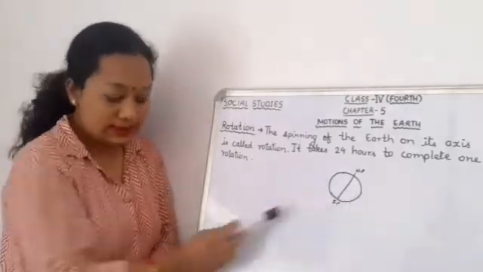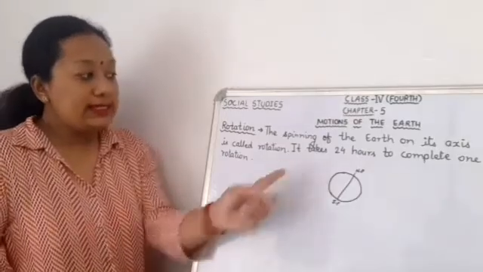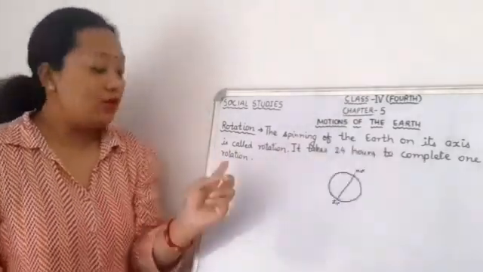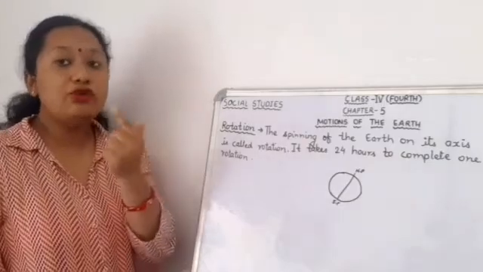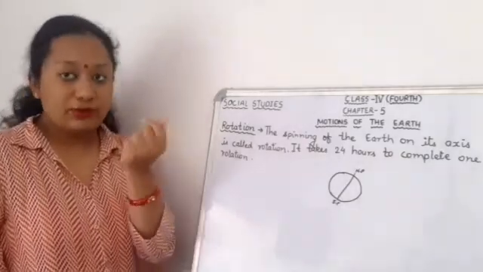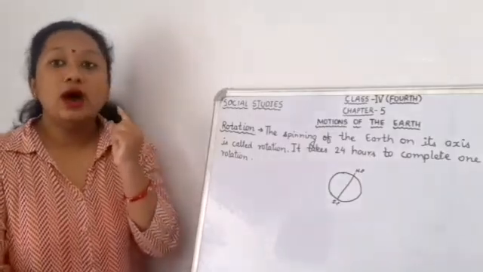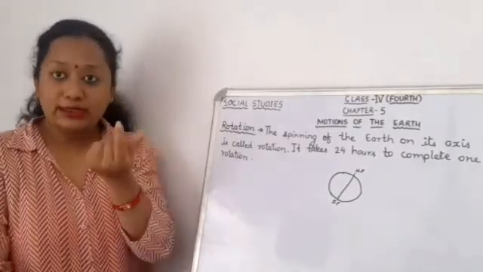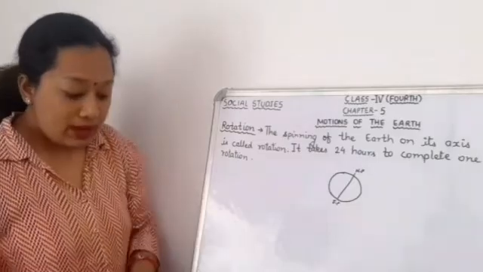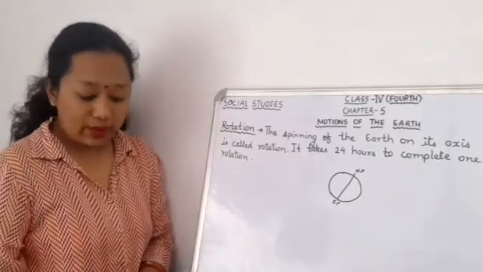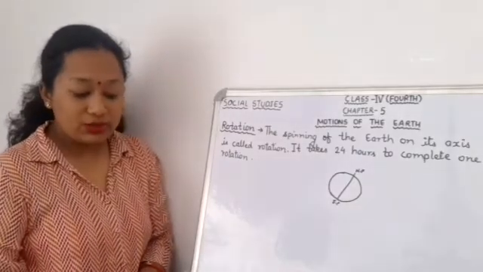It takes 24 hours to complete one rotation, one spin of the Earth on its axis. It rotates counterclockwise as seen from above the Earth's north pole.